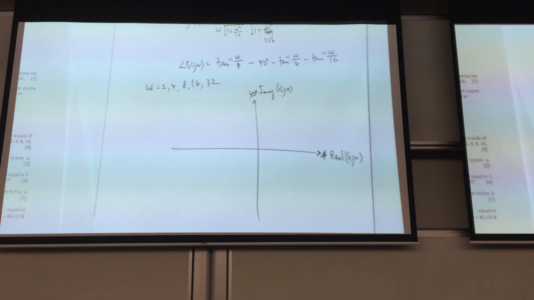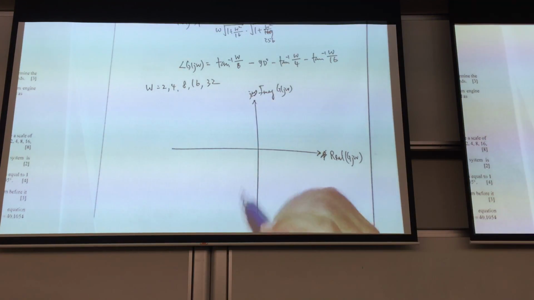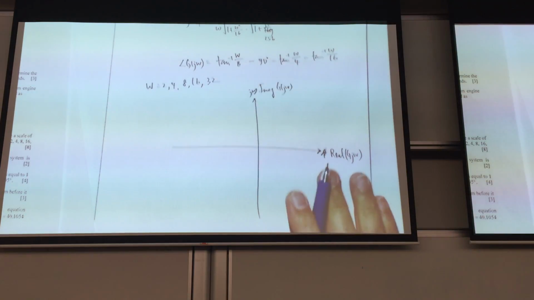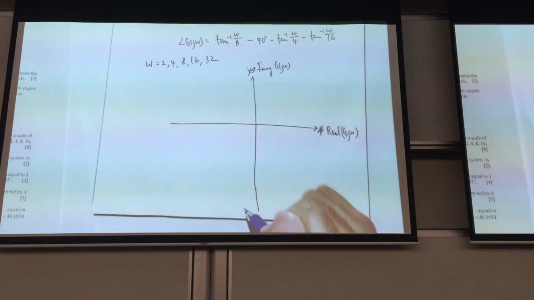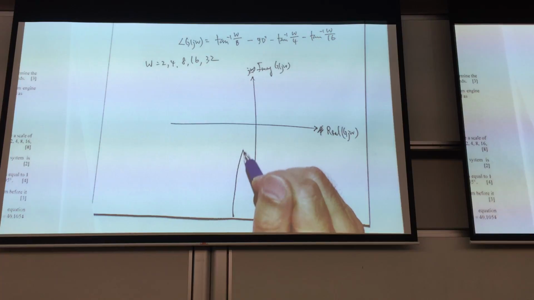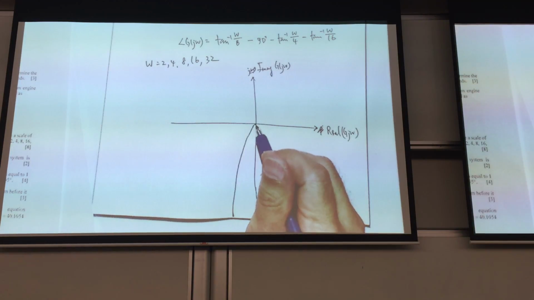When you work it out, you can see that it depends on how we do it. We know that the low frequency phase is going to be minus 90, so it will be coming from this point here. If you are far down, you see that this thing is coming in this way.